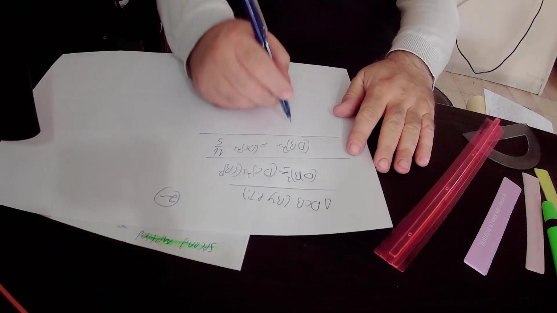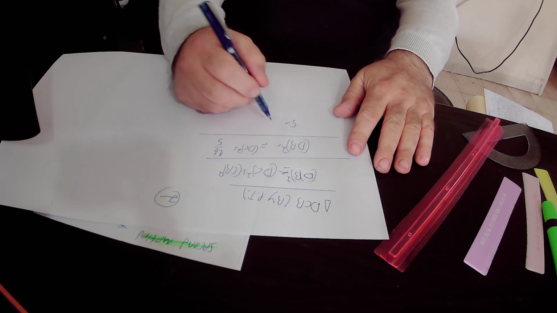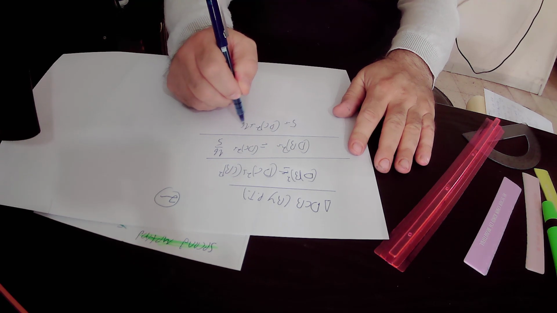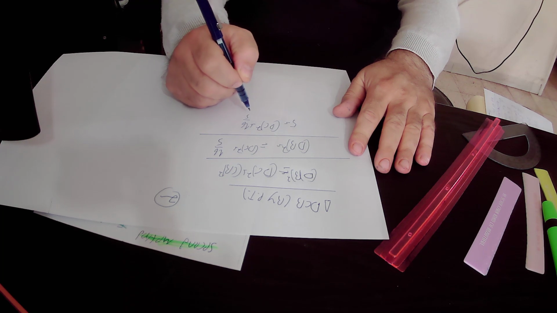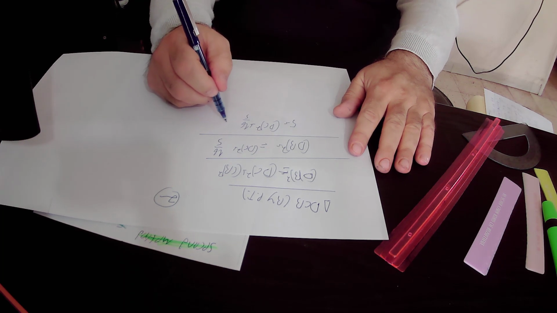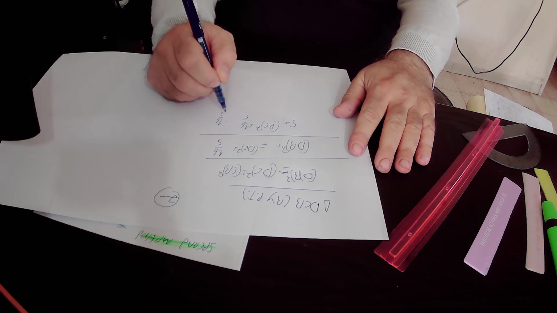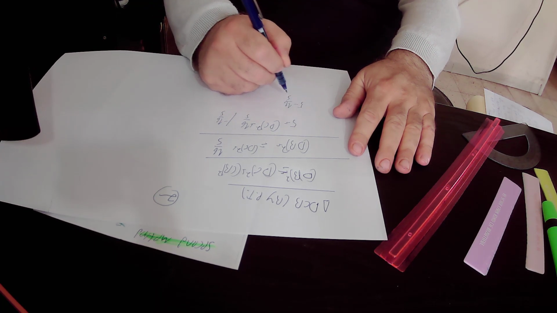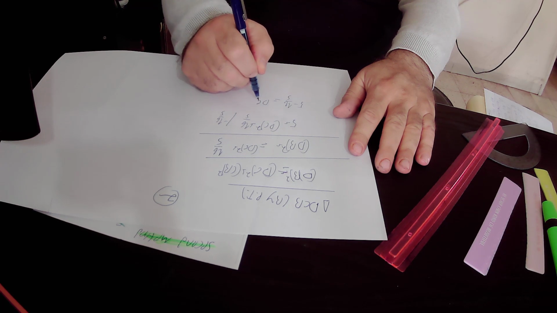So we found out that 5 equals DC squared plus 16 over 5. Here we subtract 16 over 5 from this equation, and we get that 5 minus 16 over 5 equals DC squared.